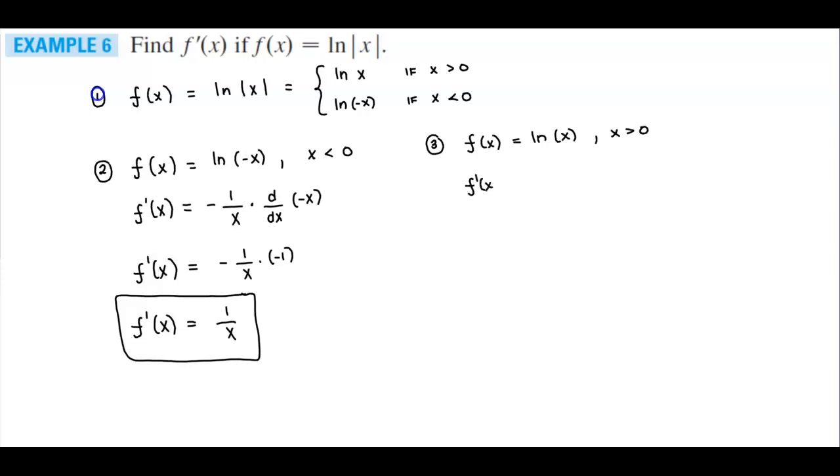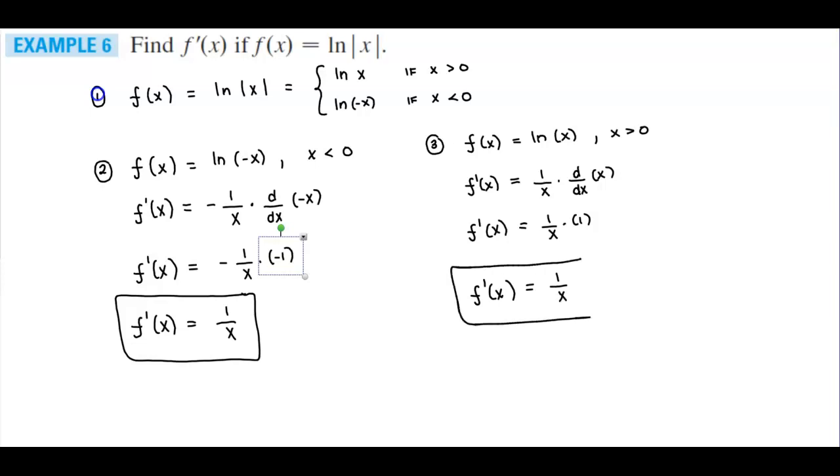So f prime of x is going to equal 1 over x times the derivative with respect to x of x. And so that means that f prime of x is then going to equal 1 over x times the derivative with respect to x of x, which is 1. So here we get f prime of x, which is going to equal 1 over x. So we can see here that we get the same thing.